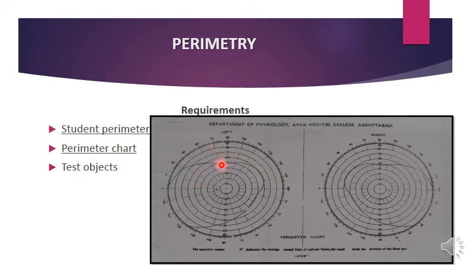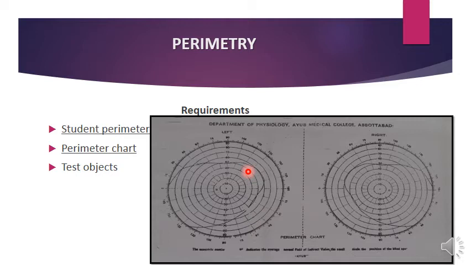Now this quadrant represents the superior temporal quadrant for the left eye visual field. This is the inferior temporal quadrant for the left eye visual field. This is the inferior nasal quadrant for the left eye visual field, and this is the superior nasal quadrant for the left eye visual field.